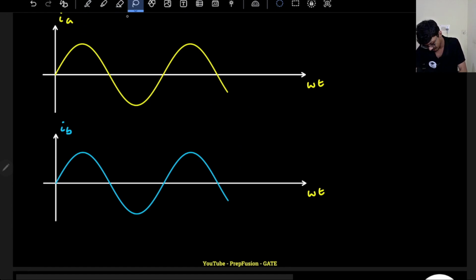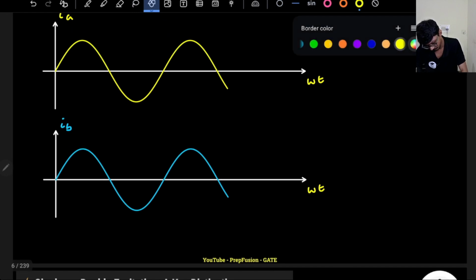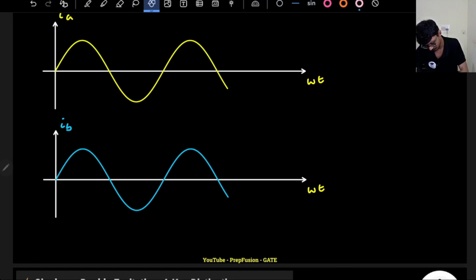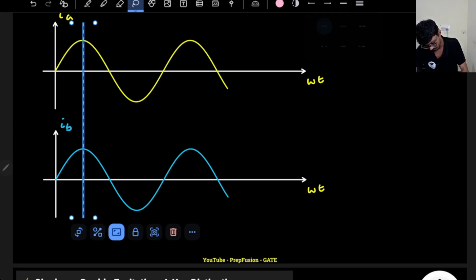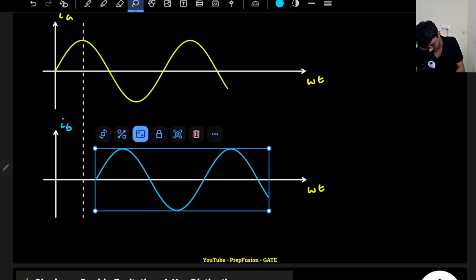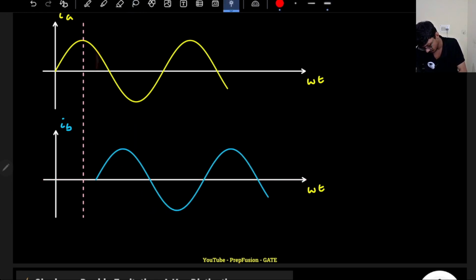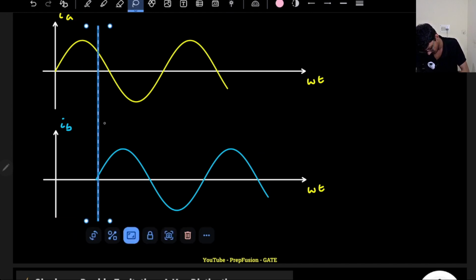So if I draw a line over here, if the peak is happening here, the peak of B current will happen after 120 degrees, somewhere here. This is 120 basically. Let me just mark it, 120 will be this, I guess. This will be the 120 degree.